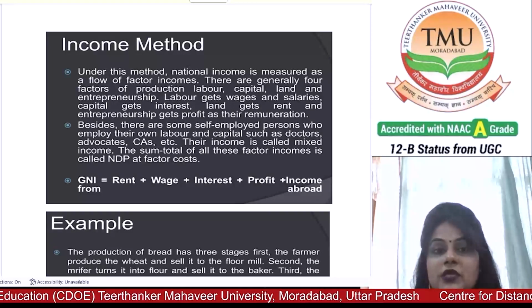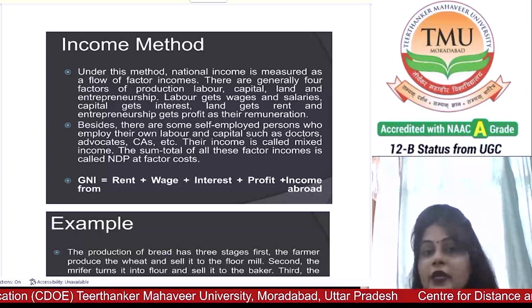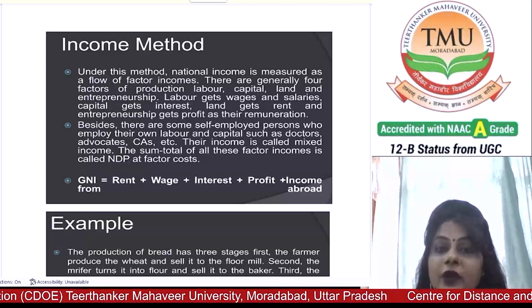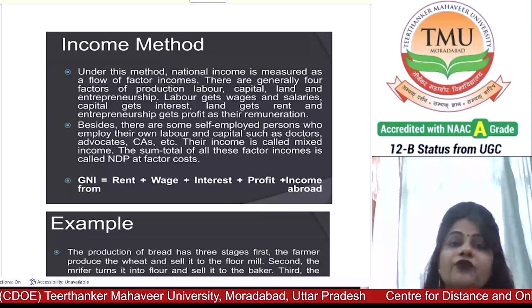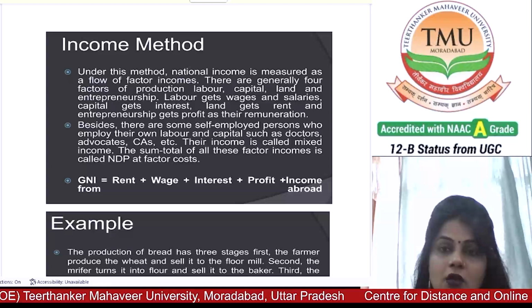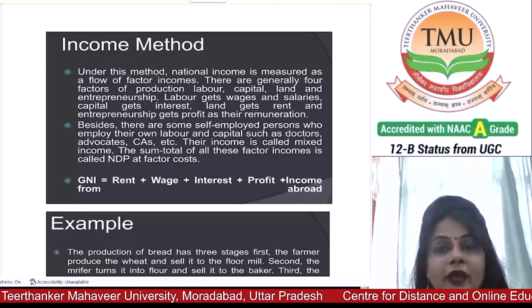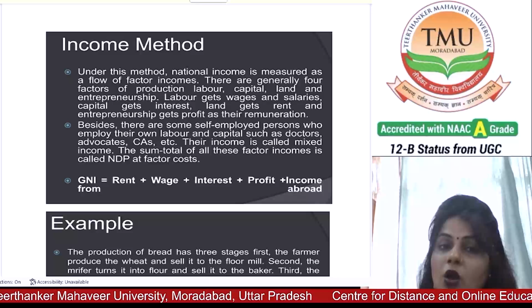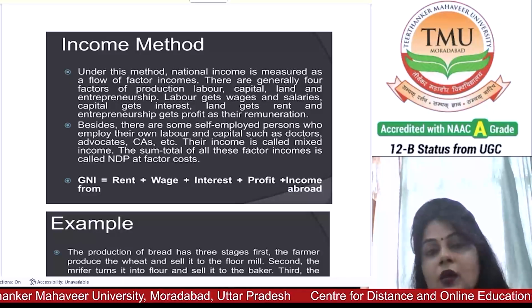In other words, it is the real income that the entrepreneur earns after paying off all other factors of production. The profit earned is used for three purposes. Corporate tax is the tax paid by a firm to the government for the profits earned by them in a particular period.